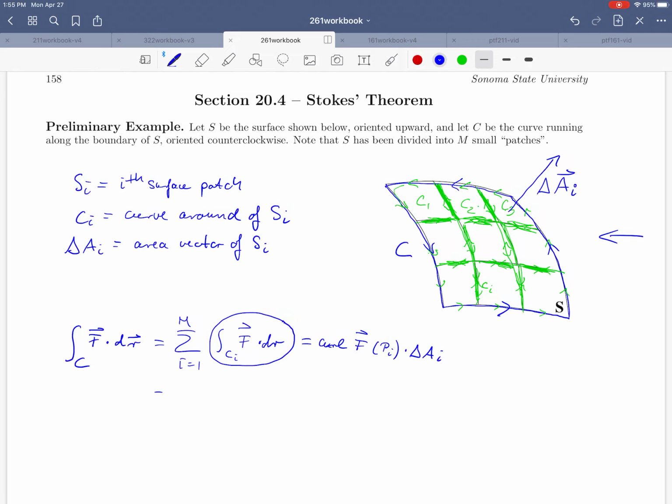And so I can replace that line integral around C_i with this quantity. So I can say I have the sum not of little line integrals, but rather of the curl of F at p_i dotted with delta A_i.